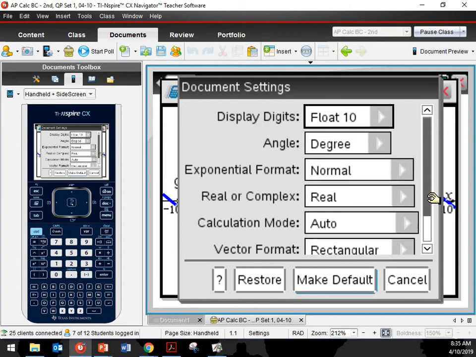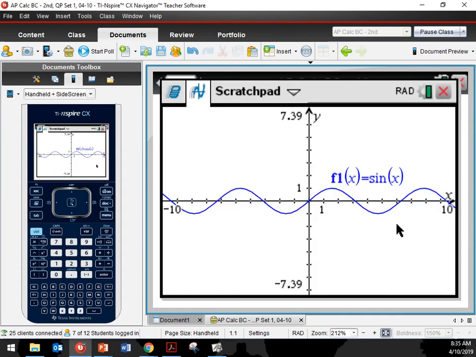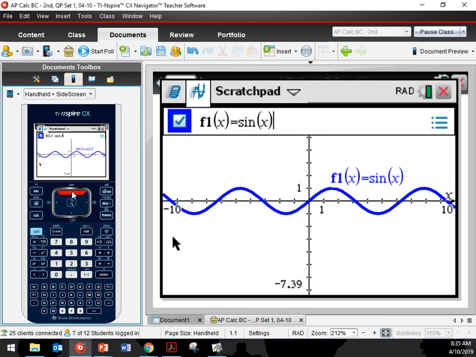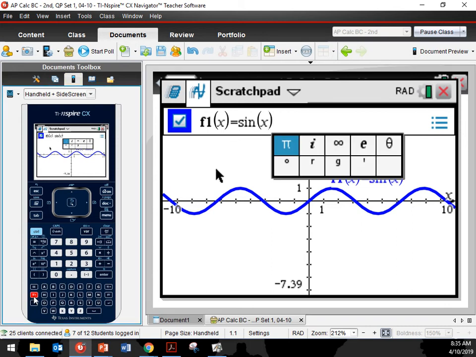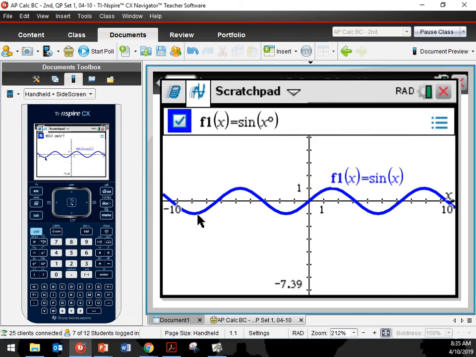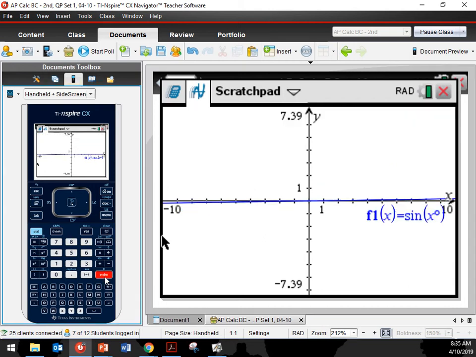When it's in degrees, it's straight. Oh, wait, I'll show you guys how to do this also. Right here on sine, put a degree sign. If your graph is in degrees, put a degree sign.